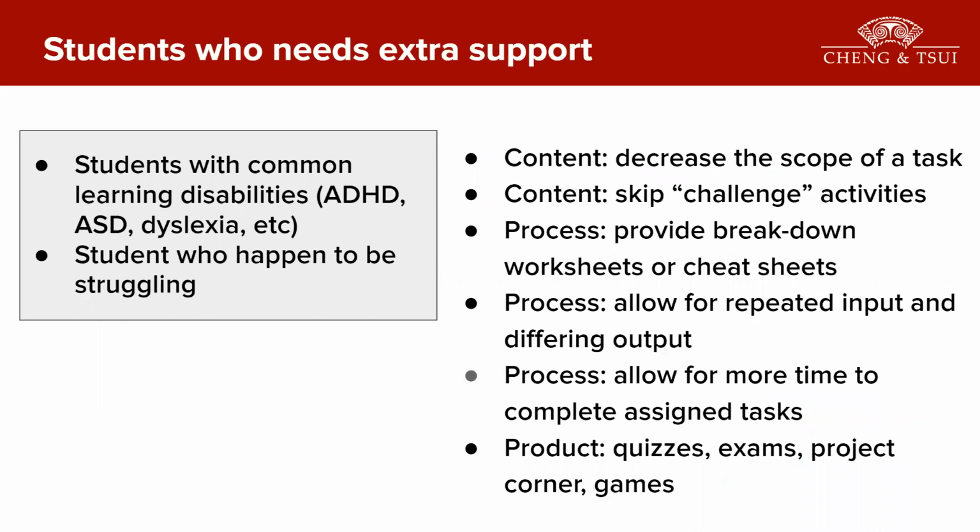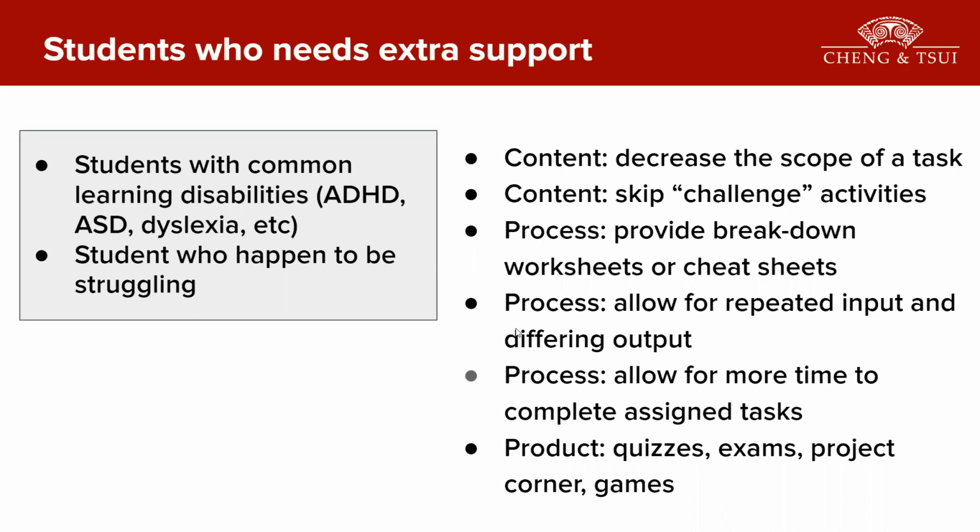Now, let us look at students who need extra support. We all understand the students who need extra support. They may have a degree of common learning disability, or they could be students that happen to be struggling. Incidentally, it has been shown that all students benefit from strategies implemented to help students with learning disabilities.